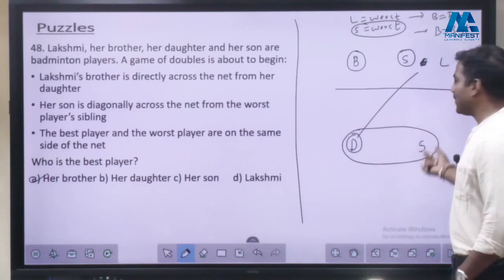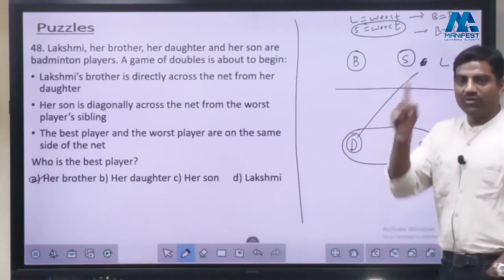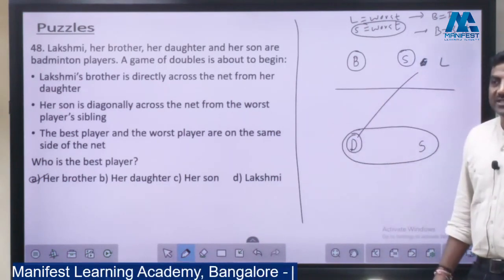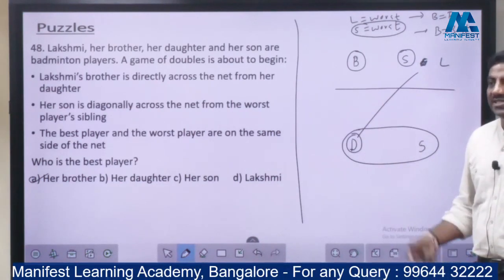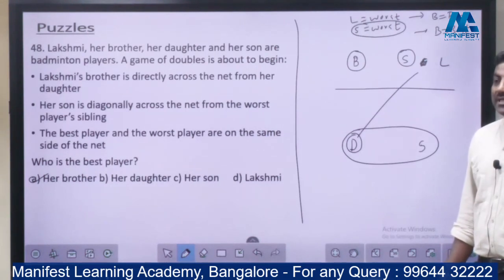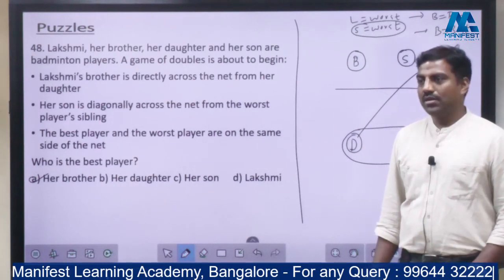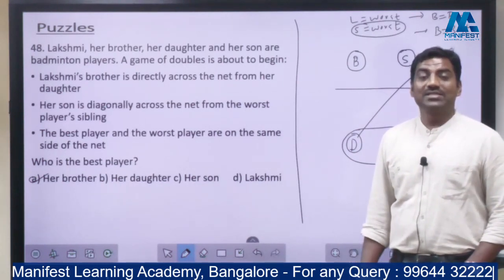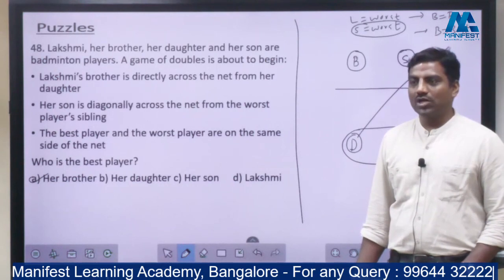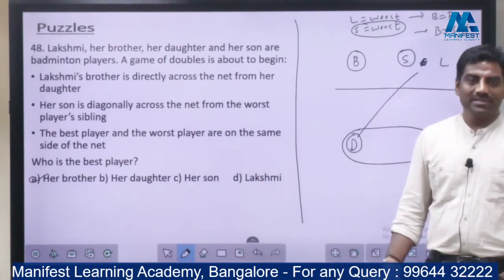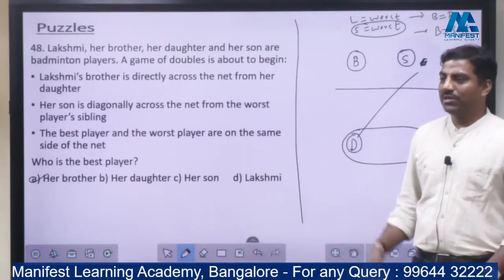When you fix a place for the son, you will get one worst player, that is Lakshmi. You fix another place for the son, you will get the worst player as the son. But in both the cases, when Lakshmi is alongside her brother, the brother is the best. When Lakshmi's son is alongside the brother, then also the brother is the best. So here the best player is the brother.